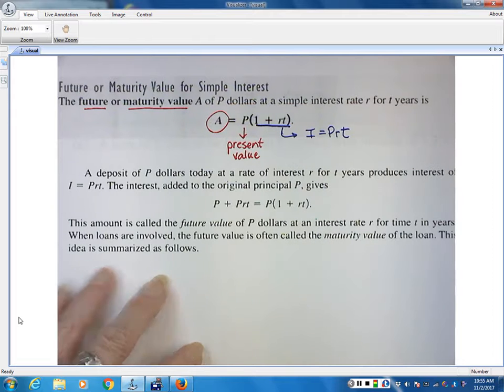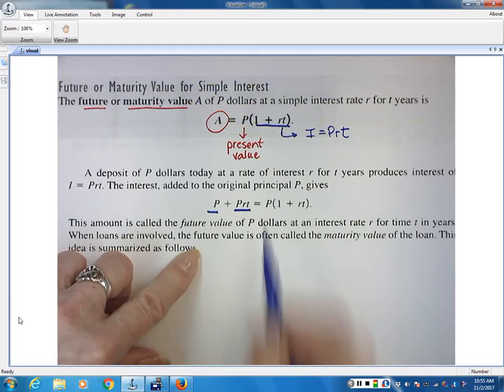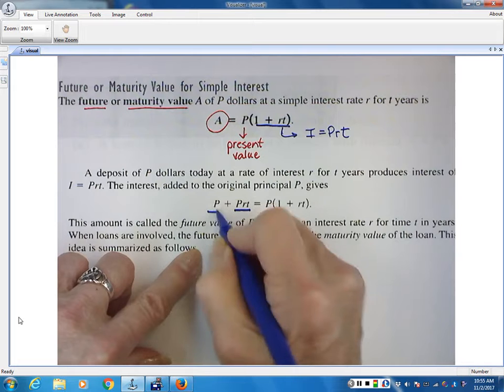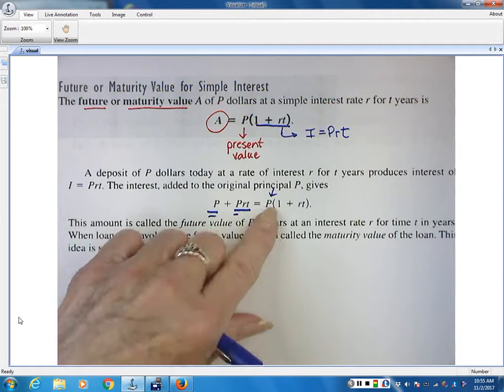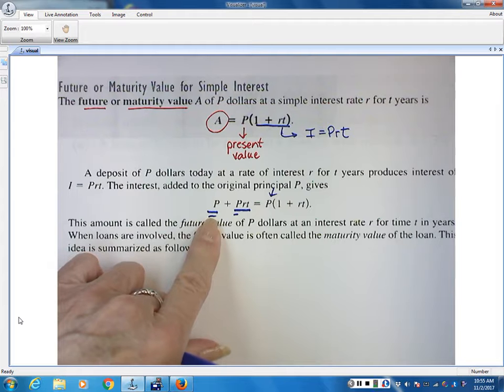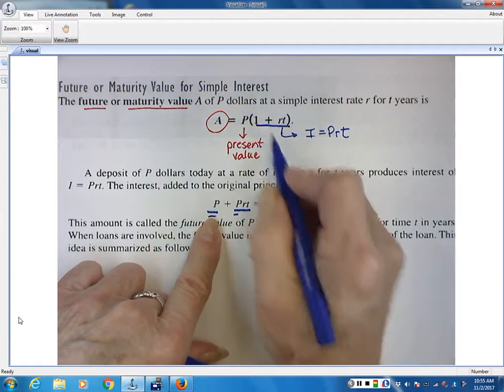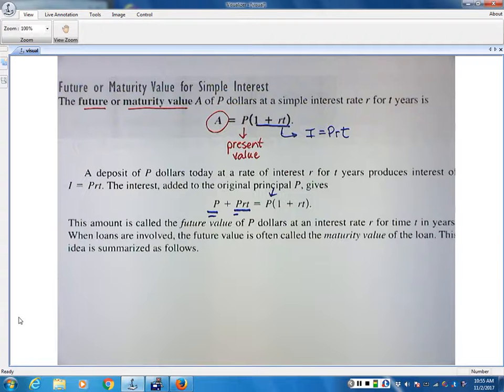But what they've done is they've taken the principal and added the simple interest to it and then factored out the fact that you have a P in both of those and put it in front, so it actually is easier to work this way than it is to do it this way. But it's the same thing, it's the same calculation. So this part actually comes from your principal times rate times time, which is your simple interest formula.